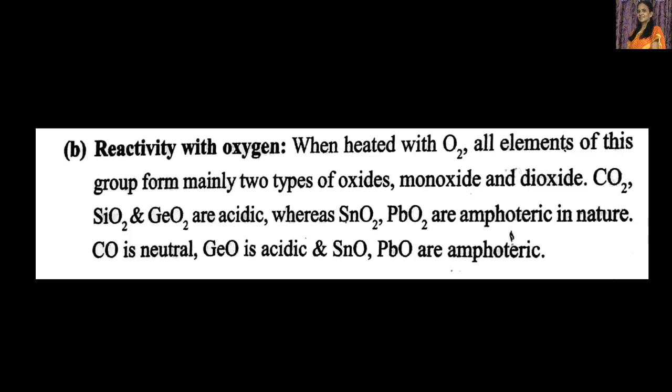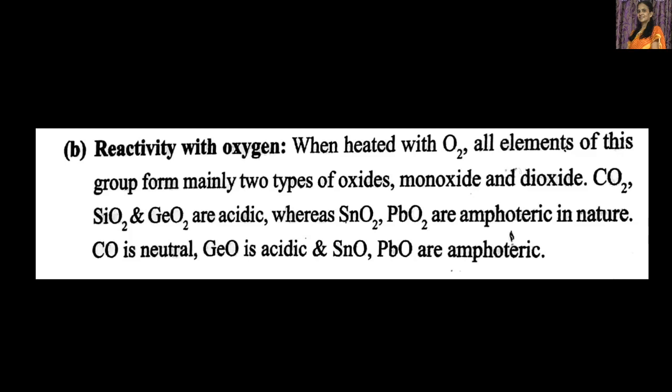So dioxides are acidic in nature. These dioxides, that is carbon, silicon, germanium dioxides, are acidic in nature, and we know that non-metals form acidic oxides. The oxides of non-metals are acidic in nature. Carbon is a non-metal, silicon is a non-metal, so acidic oxides are produced. Whereas tin and lead have metallic character, therefore their oxides are basic in nature.